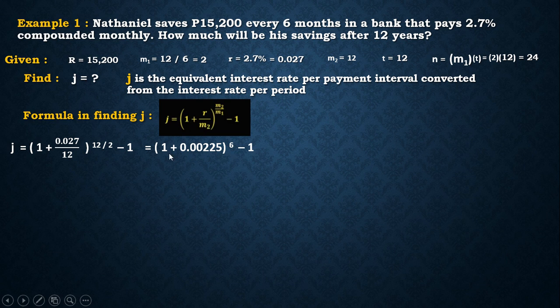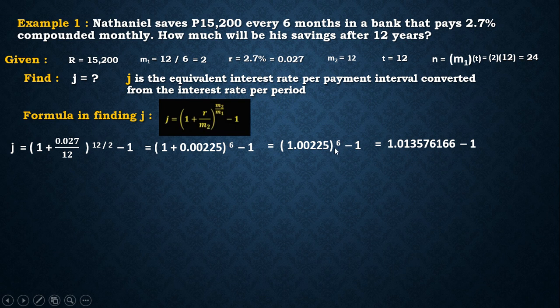Next step, i-add po natin yung 1 plus 0.00225. Wala po muna tayong gagalawin dito. And that becomes 1.00225. Next step, i-convert po natin ito. 1.00225 raised to the exponent of 6 minus 1, that will become 1.013576166.